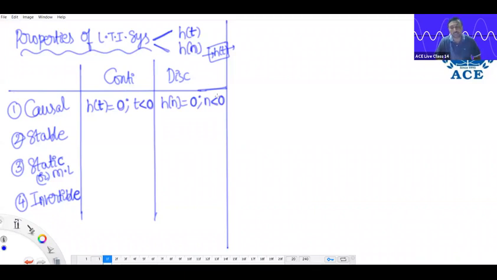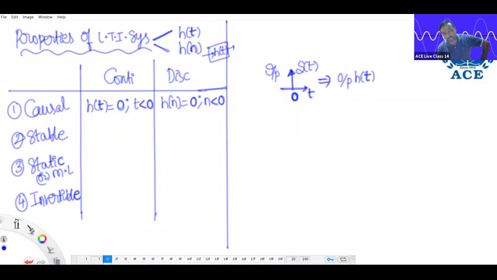How are we saying that impulse response must be 0 for negative time? Whenever we apply the input as an impulse, whatever respective output we get is called the impulse response. Before application of the input as an impulse at 0, we cannot get the output as impulse response. Before applying the input, output is not possible. We are applying the input as an impulse at t equals 0.